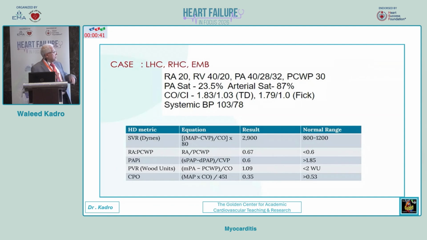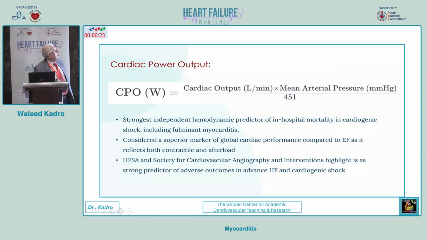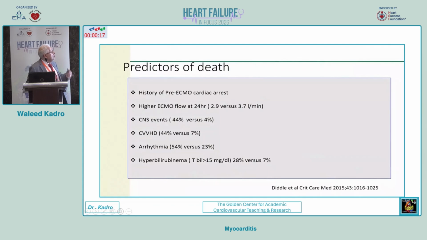That's when we measure the mean arterial pressure multiplied by the cardiac output divided by 451. The normal should always be above 0.5. If it's very low, look at this case, 0.3, that's really poor prognosis. So depending on the cardiac power output, we can predict which patient is high risk, and we need to do more. So those are predictors of this.